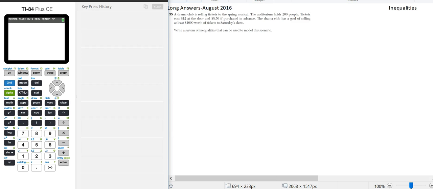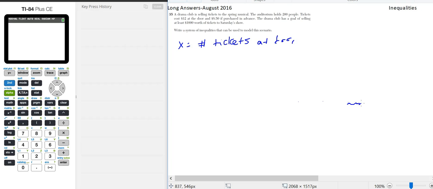So let's first write out what we know. We need something to represent tickets purchased in advance, and we need something to represent tickets purchased at the door. Let's use X to represent the number of tickets purchased at the door. And we'll use Y to represent the number of tickets sold in advance. The maximum number of tickets that they could sell is 200 because the auditorium only holds 200 people.